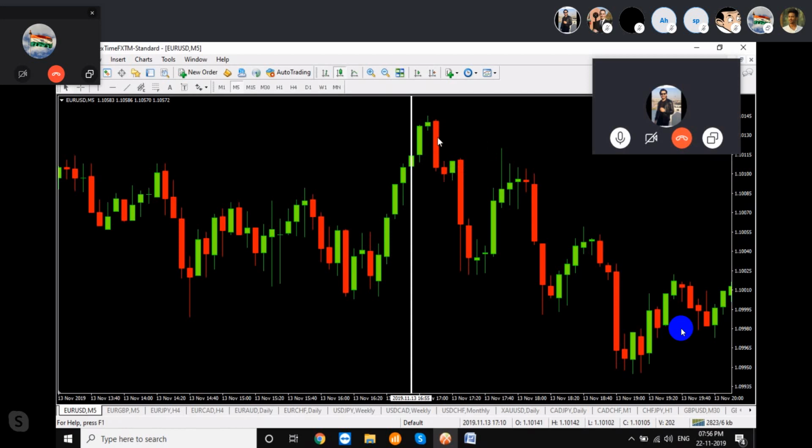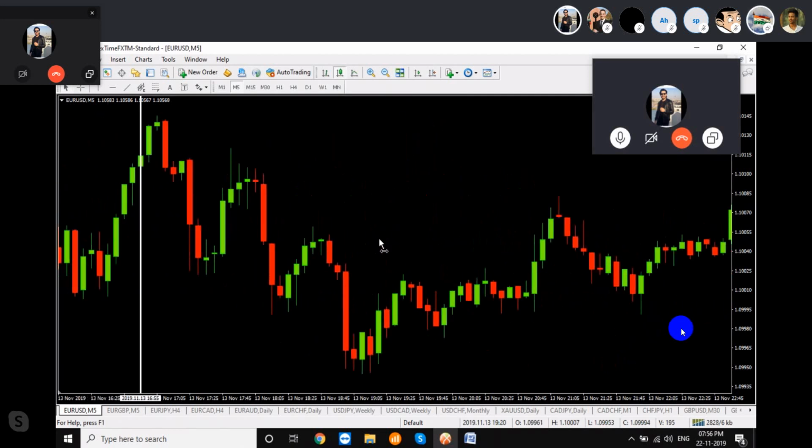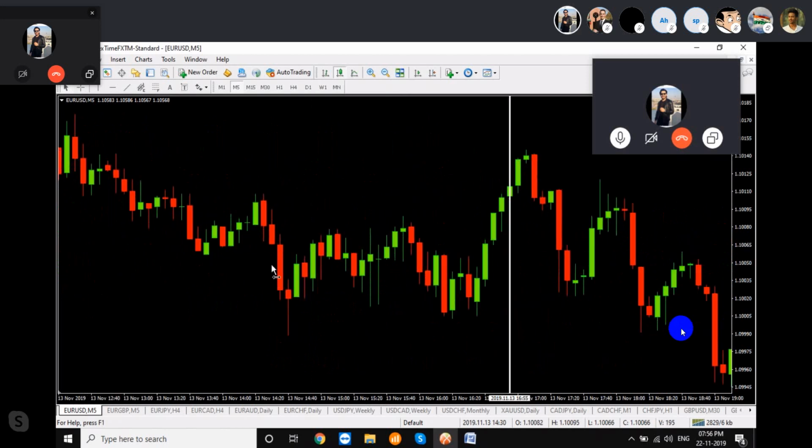Clear? Okay. So this is how the body is very clearly visible. It should not be a body of that much size. Sir, what about this candle at the bottom?